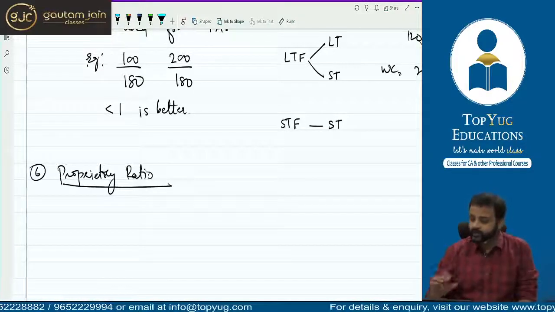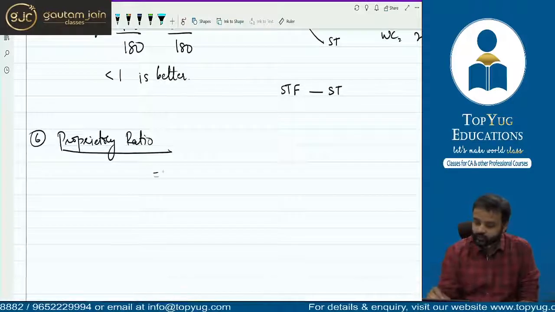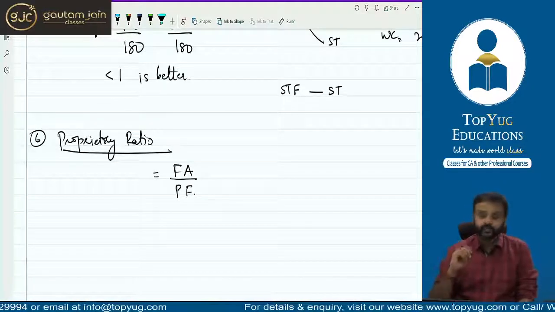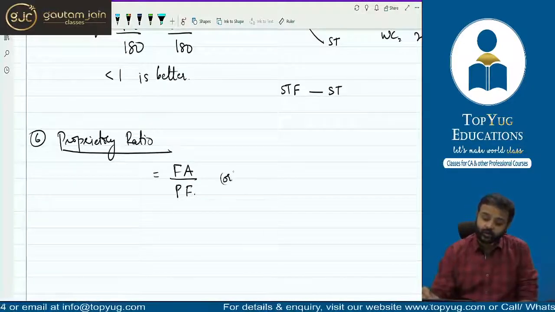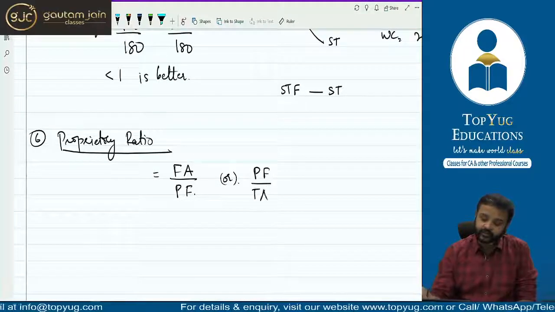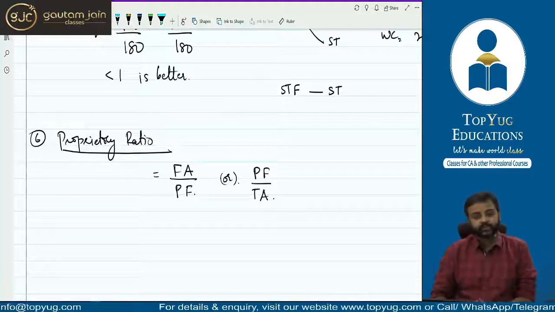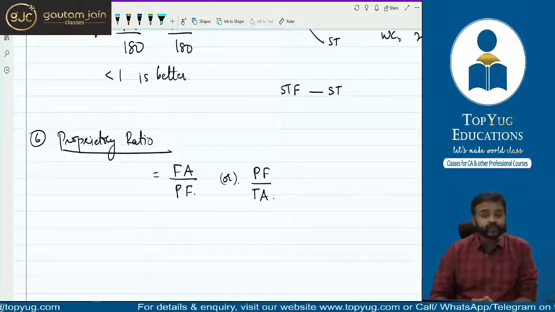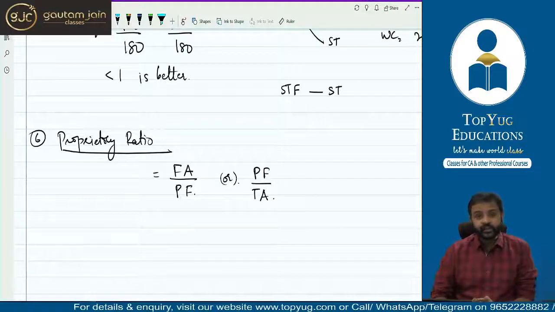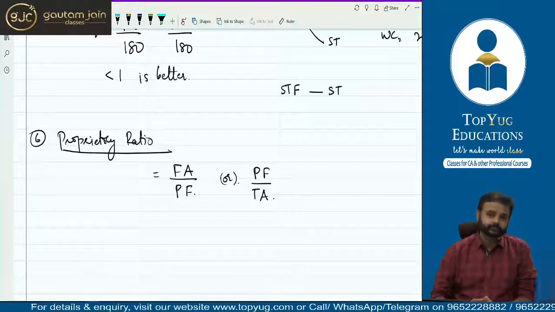Now in this proprietary ratio, what do we do? We compare the fixed assets with the proprietor funds. Okay, or there is another formula, proprietors funds by total assets. Meaning what? How much of the proprietors funds have been used for fixed assets, or you can say how much of the proprietors funds have been used for total assets.